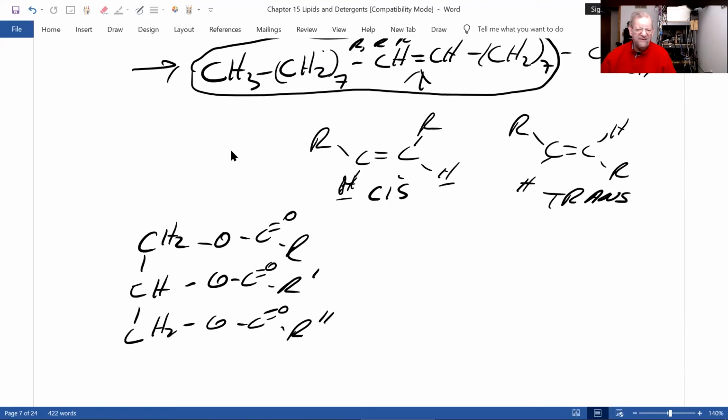And based on what type of double bond it is here, if R prime and R double prime contain a double bond, or more than one, is it cis or trans?